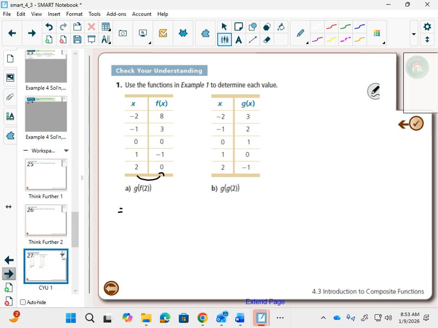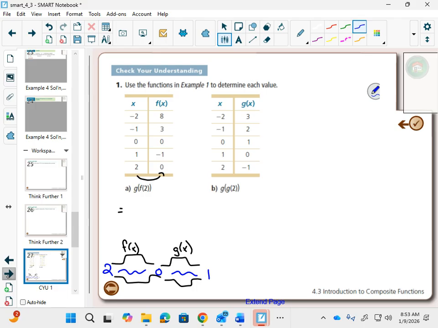Now, you're not going to draw this each time, but for right now as a visual, if you think of two machines, one right after another, first you're putting something into f of x, then you're putting something into g of x. And we're plugging in 2. If you plug 2 into f of x, out would come 0. And then you would plug 0 into g of x, what would come out?